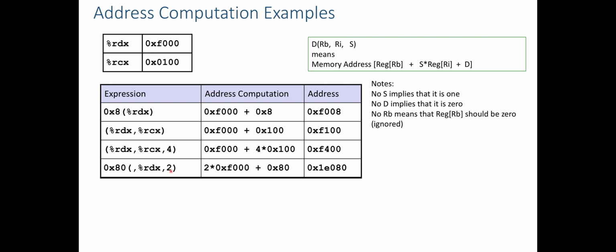Why do we have all these various addressing modes? And I'm going to give you one simple example of why the machine was designed this way. And then later on, we're going to see how this math that we can do here has been co-opted in some really crazy, interesting ways.